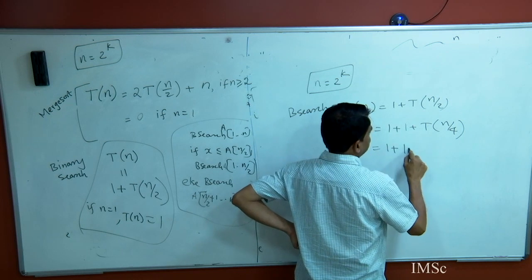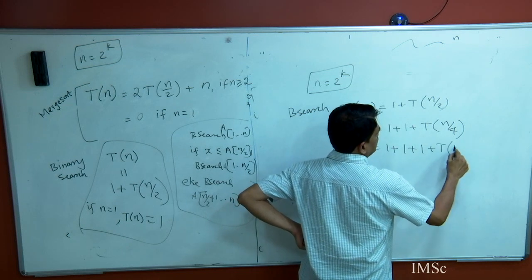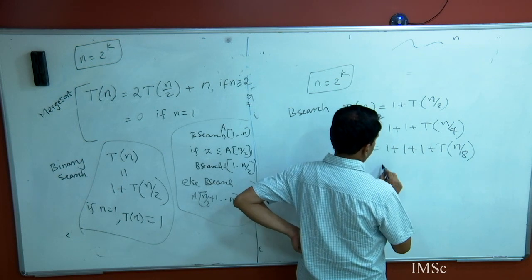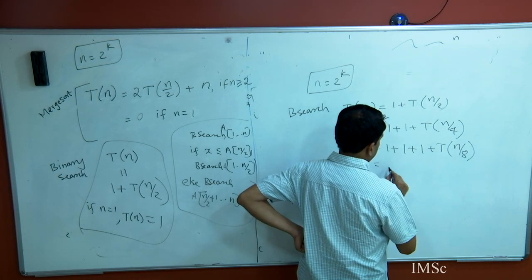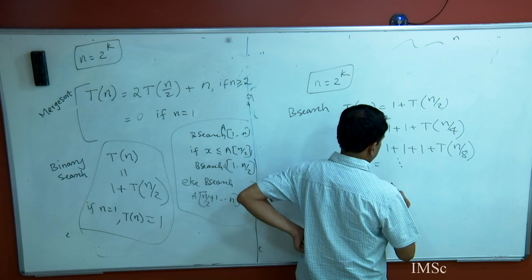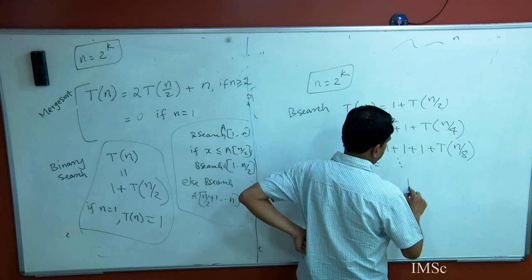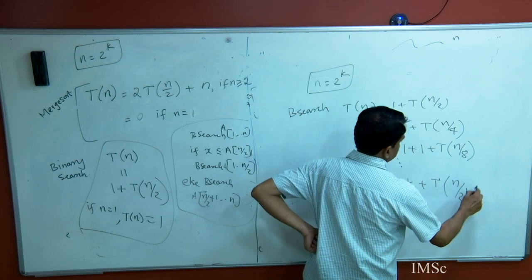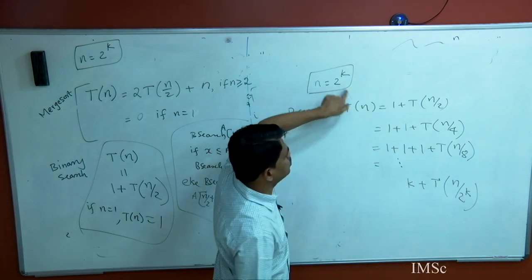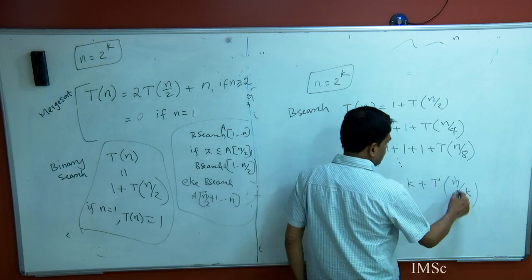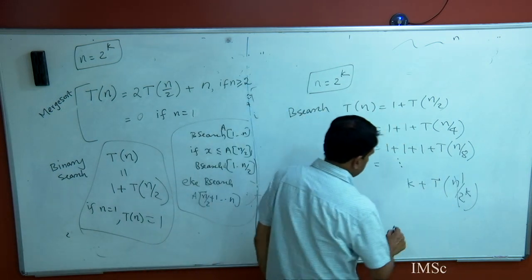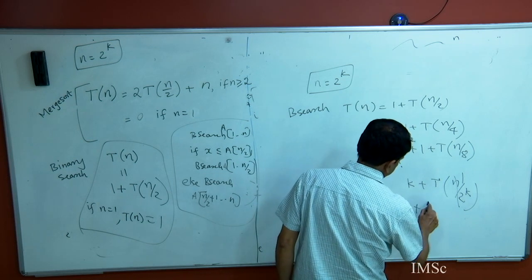This will be 1 plus 1 plus 1 plus T(n/8). Dot dot dot, what do I get? It will be k plus T(n/2^k). Since n is 2^k, this will be T(1), and T(1) is 1 because I am making 1 comparison. So, this will be k plus 1.